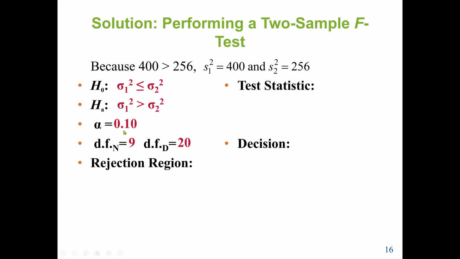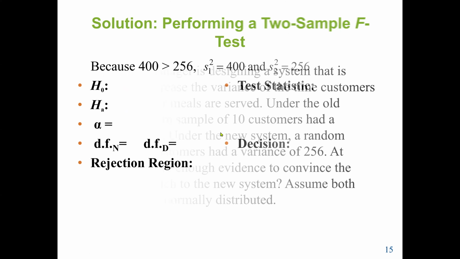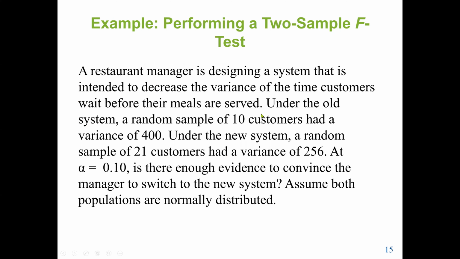Alpha is given to us, 0.10. Now we were able to find the numerator degrees of freedom is 9, and the denominator is 20, because we have 10 and 21. When we go back to the question again, the first sample size is 10, the second sample size is 21.